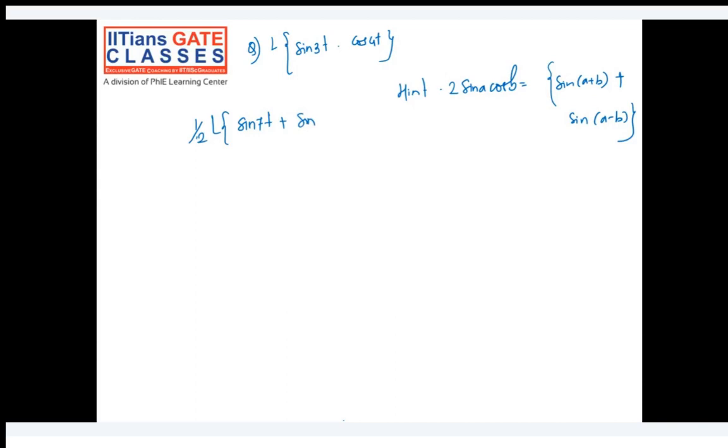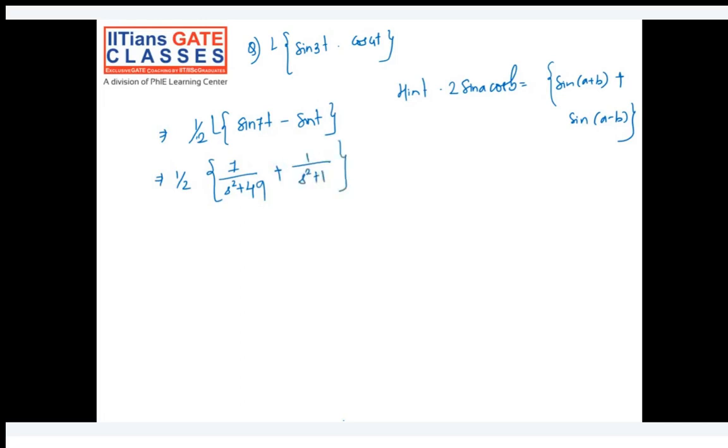Minus 1, so minus sine t. Like this it will come. Then half of the Laplace transform of sine of 7t will be 7 divided by s square plus 49, plus sine t, which is 1 divided by s square plus 1.